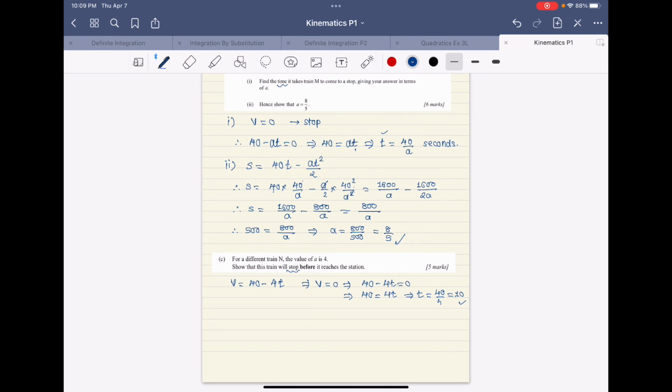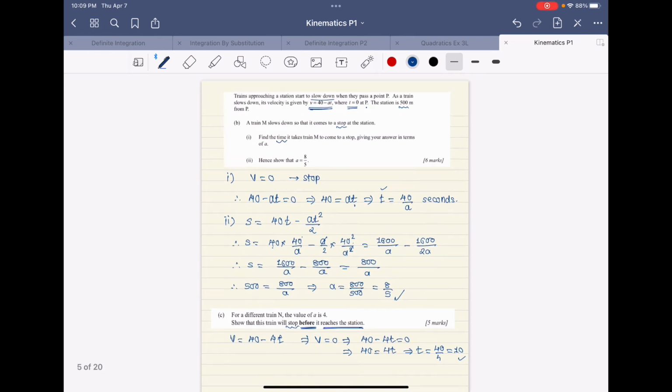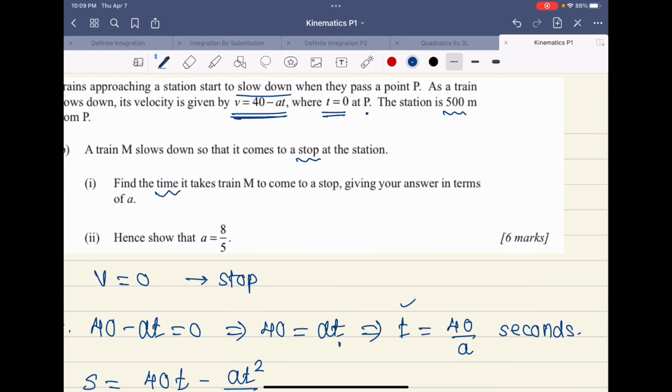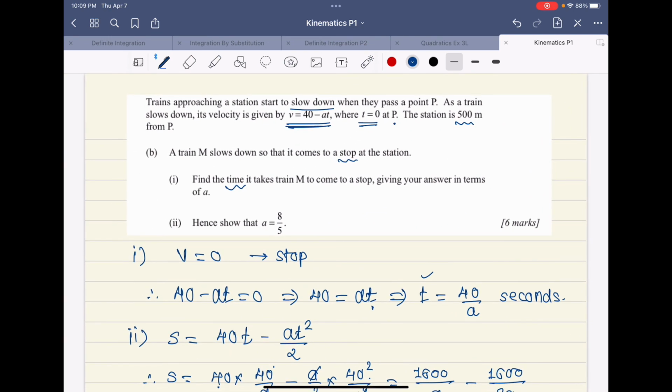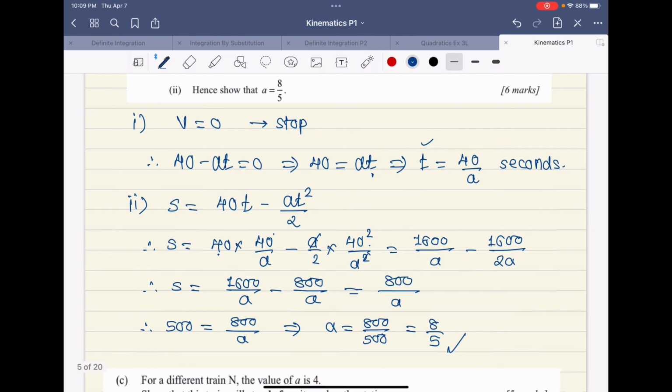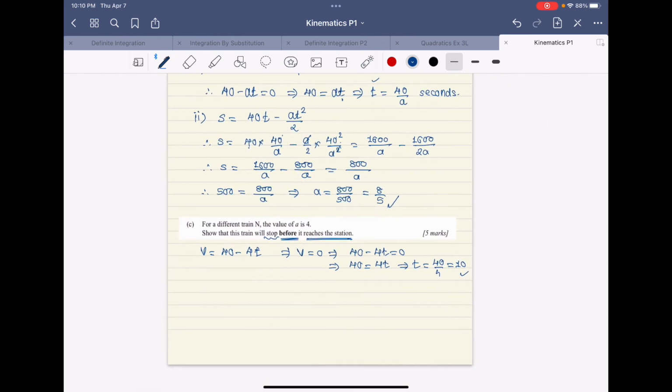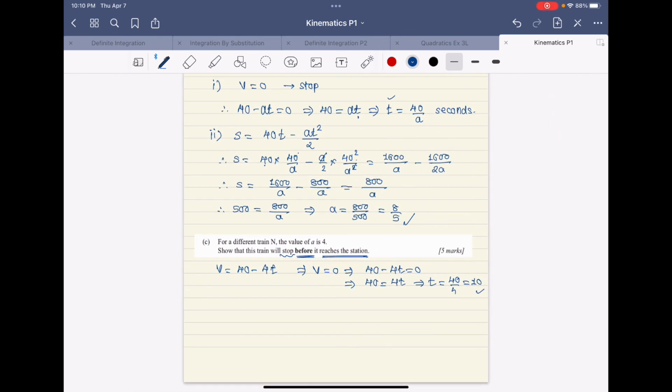Now we have to show that it stops before it reaches the station. The station is 500 meter from P. So meter stands for displacement. So we will again use the displacement equation and we will show that. So s is equal to 40 times t minus a times t square over 2.